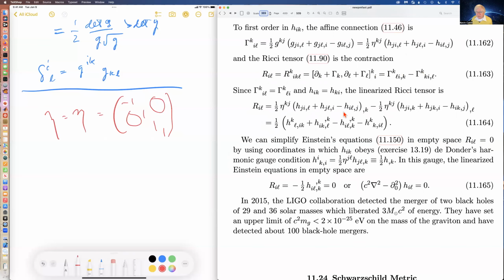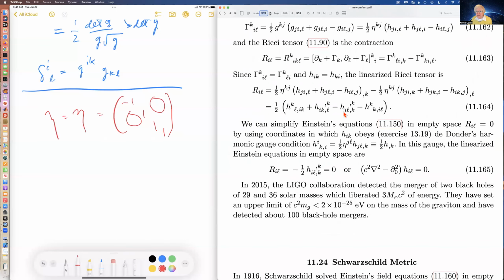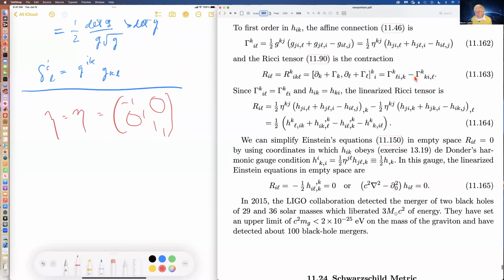And if we combine this with this, what we get is something involving a lot of second derivatives. So these are second derivatives. The Ricci tensor then is all kinds of second derivatives of the first order departure of the metric of space-time from the metric of special relativity or flat space.